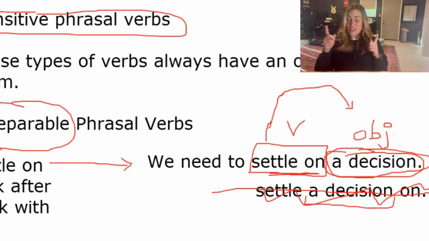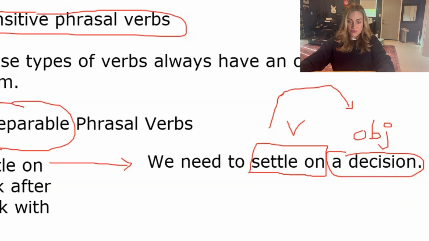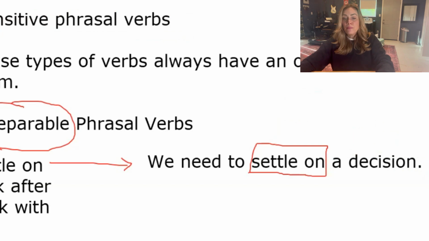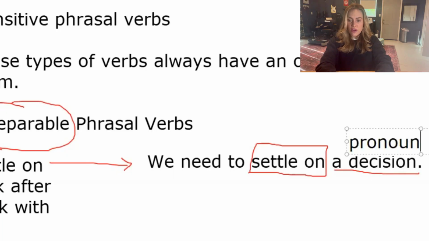Now, this is the fun thing. If you watched the other video that I made on this topic of phrasal verbs that you can separate or not separate, I said that when we turn the object into a pronoun, so here we have a decision, what is the pronoun of a decision? It.